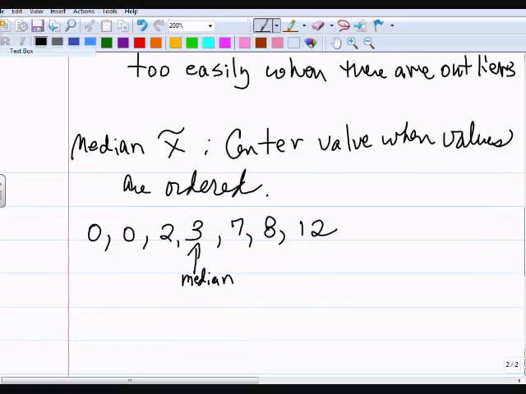While I've got my numbers in numerical order, let me find two other important measures, and those are going to be the lower and upper quartiles. The median is where 50% of the numbers are less and 50% of the numbers are greater than 3.